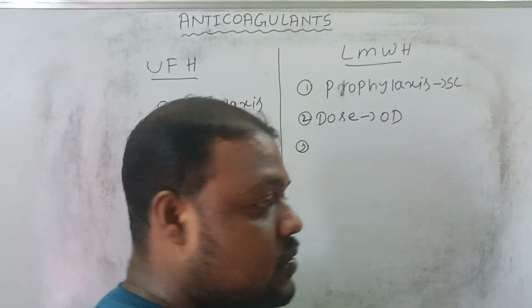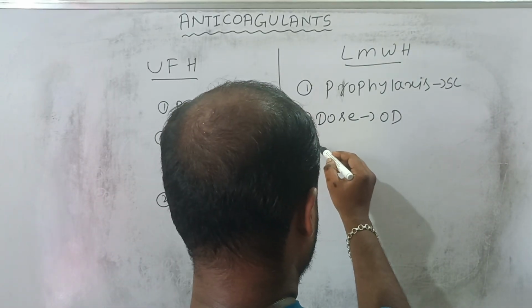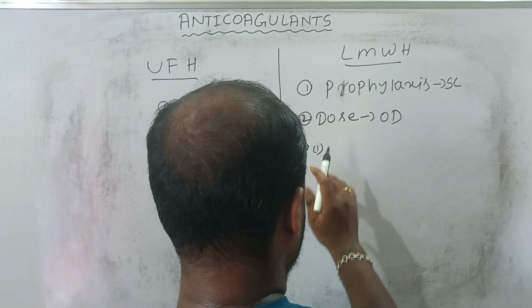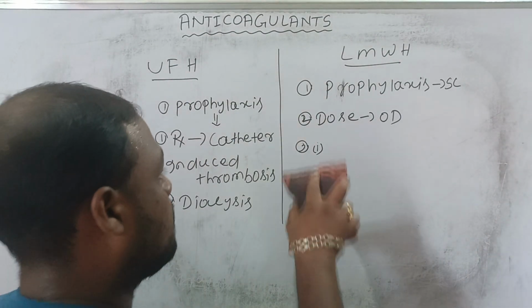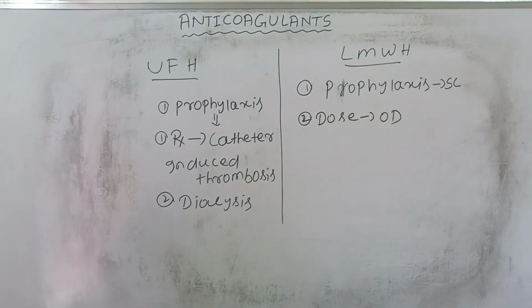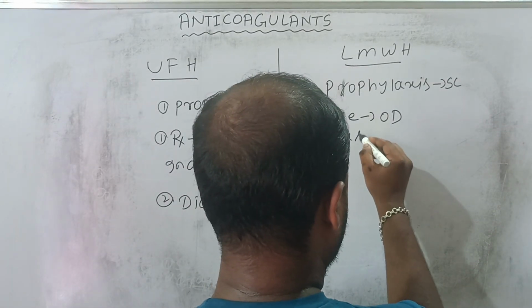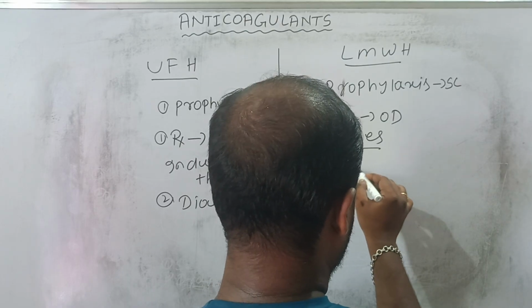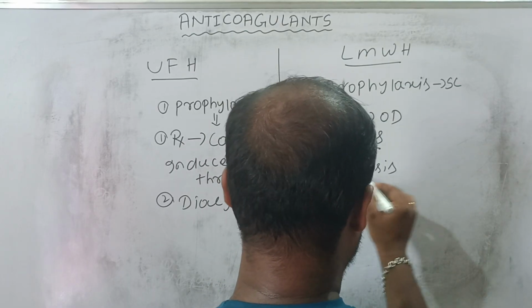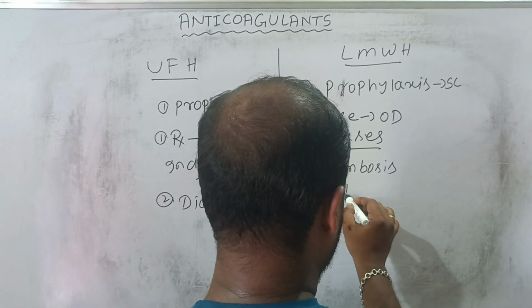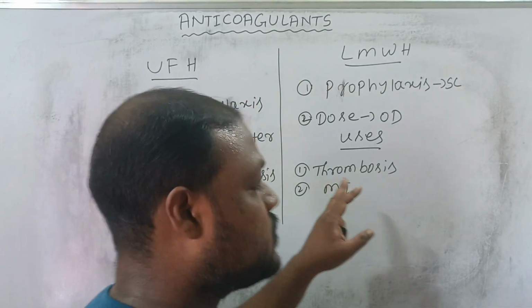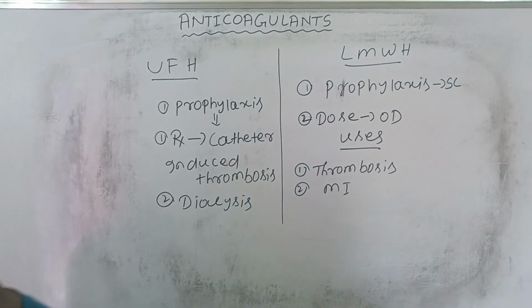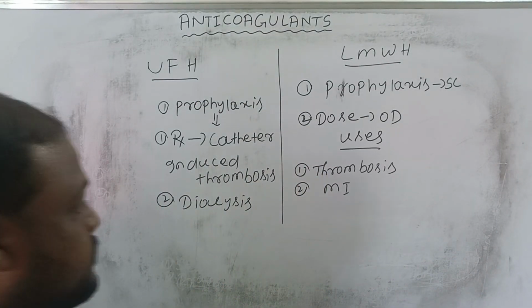It is used in thrombosis and MI. Clear? The LMWH is used in case of thrombosis, in case of the myocardial infarction and the unstable angina.